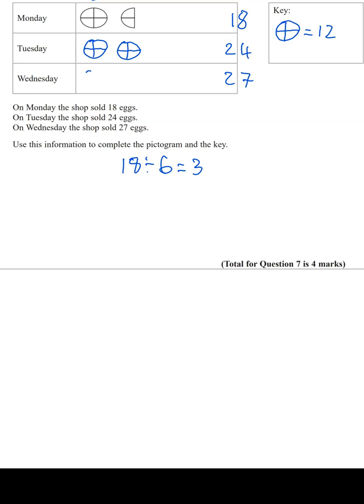We definitely need 24. But actually, we've established that a quarter of a circle is 3. 24 up to 27, so I need to draw a quarter of a circle. Yep. So that's a quarter of a circle, so that will be 27. Okay. Don't forget the key. It even tells you in the question to remember the key.